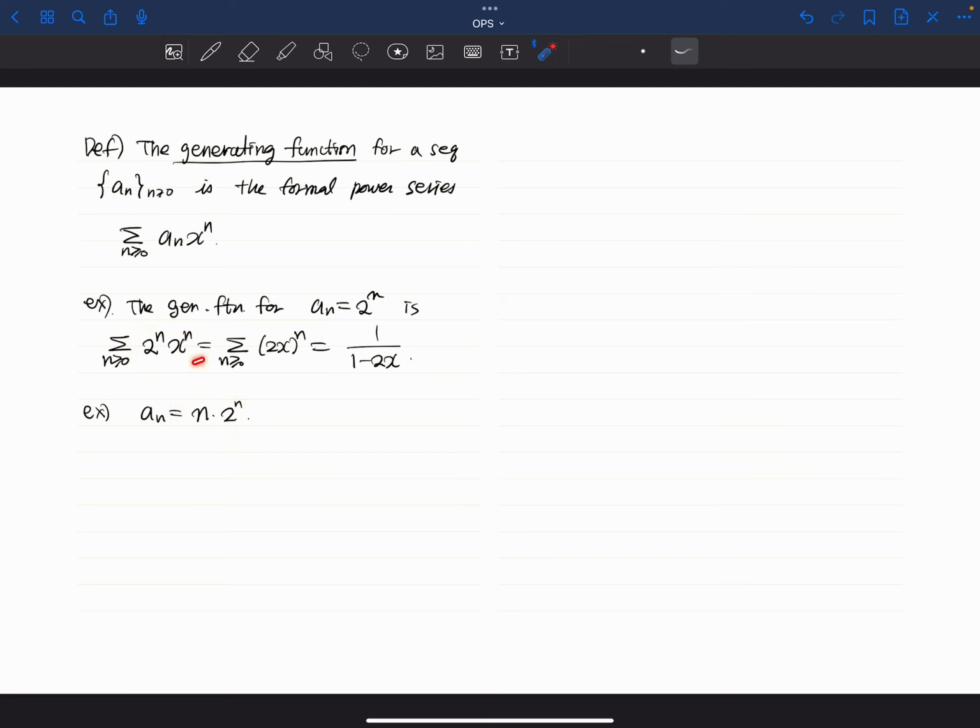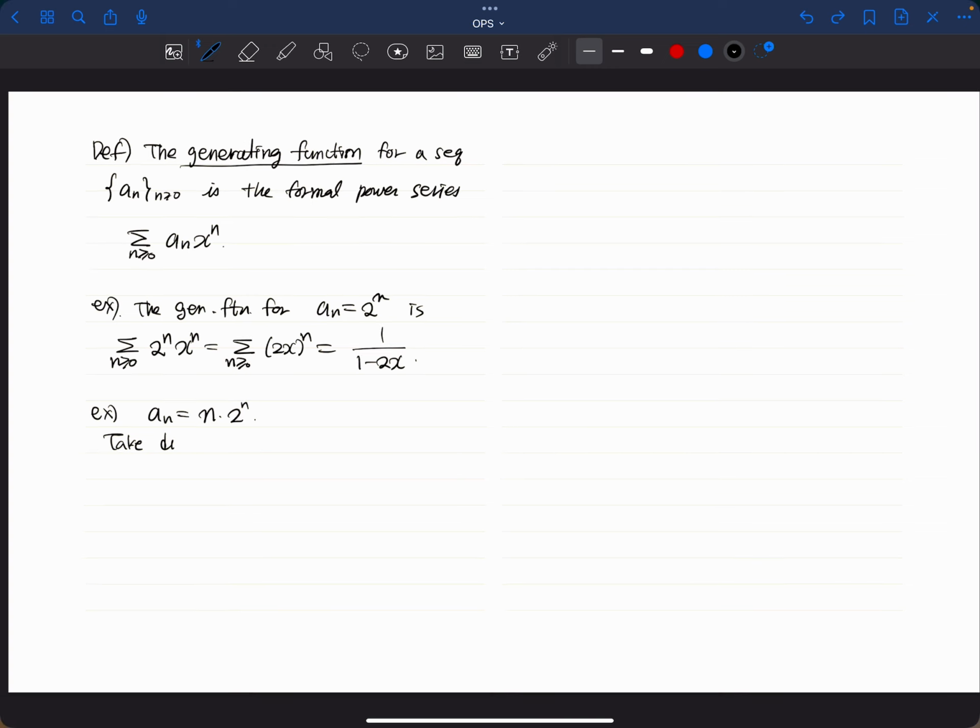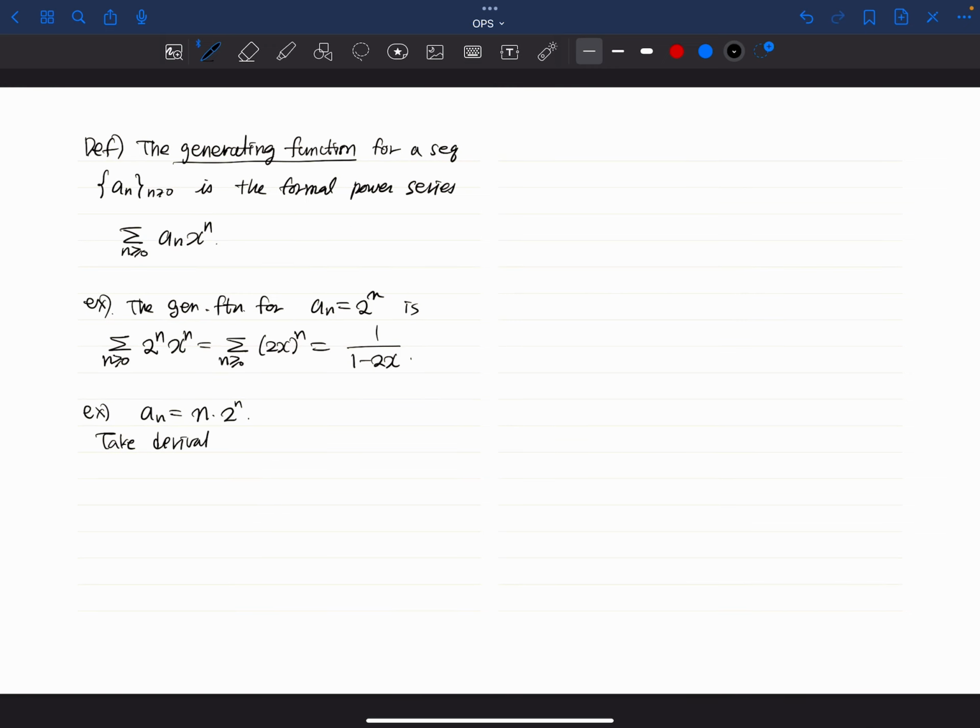If you remember, if you take the derivative in the previous example, we get the sum over n from 0 of n times 2 to the n, x to the n minus 1, equals the derivative of this, and we can use the differentiation rule here.